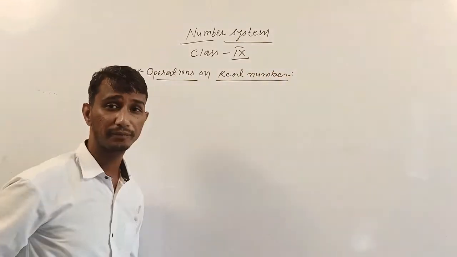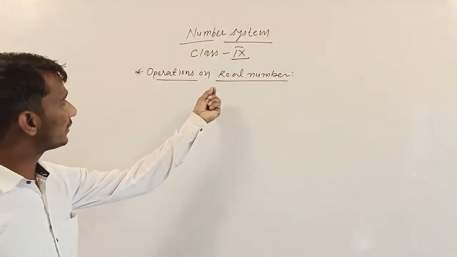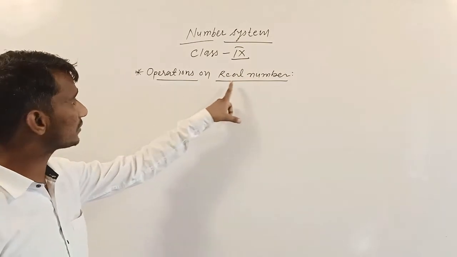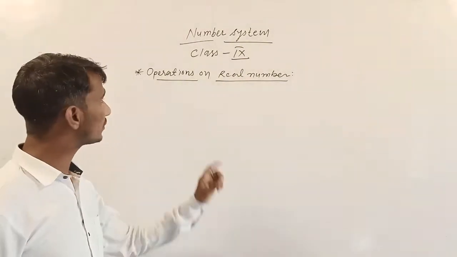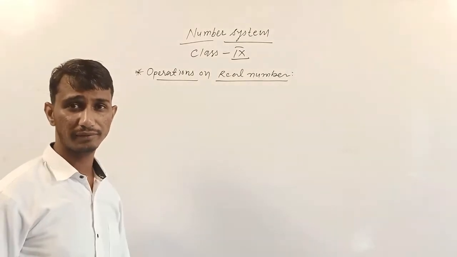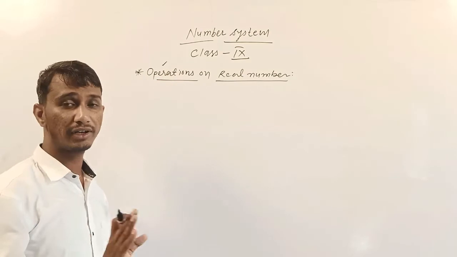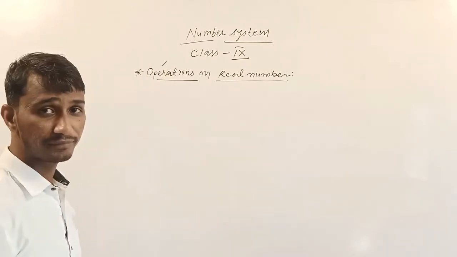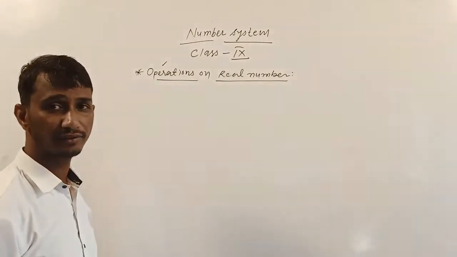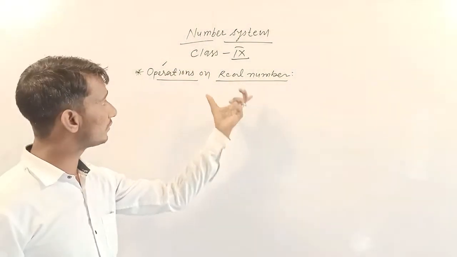Okay, students, in this video we will learn about the operations on real numbers, meaning operations on rational numbers and irrational numbers. Here, operations means the four fundamental operations in mathematics: addition, subtraction, multiplication and division.